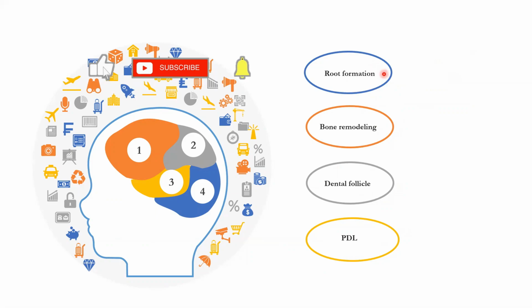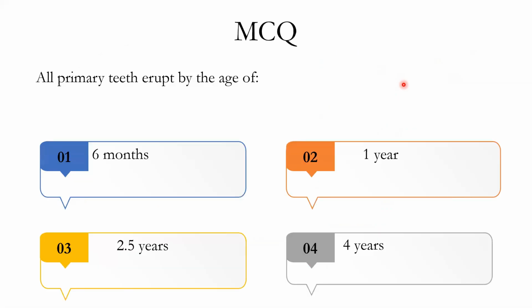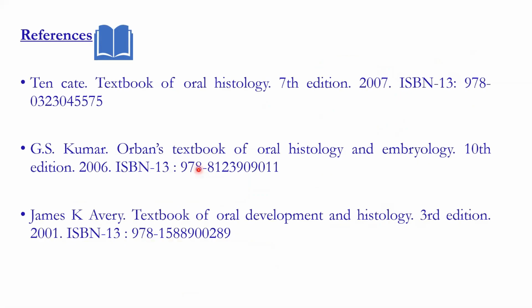And root formation helps in a certain way because of the negative pressure it creates against the bone underneath. All primary teeth erupt by the age of 2.5 years, and by 4 years the root formation is completed. By 6 months is the first deciduous tooth which erupts into the oral cavity.